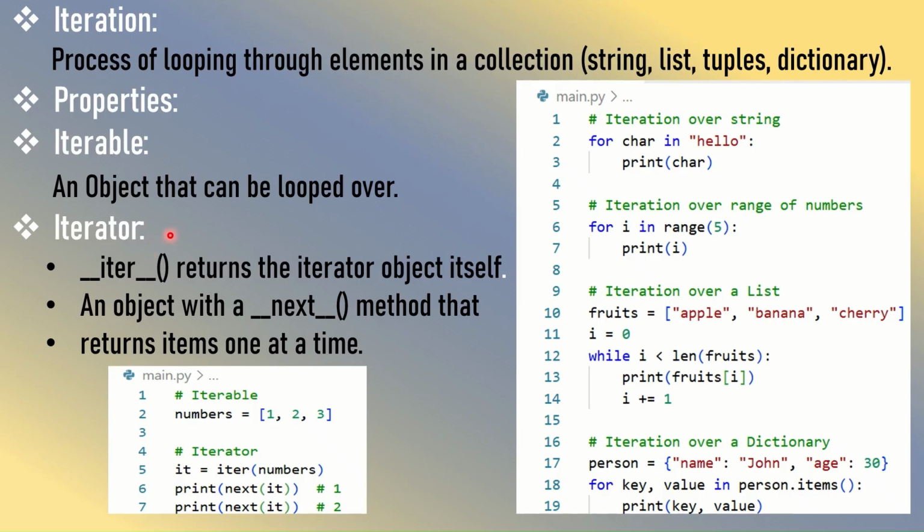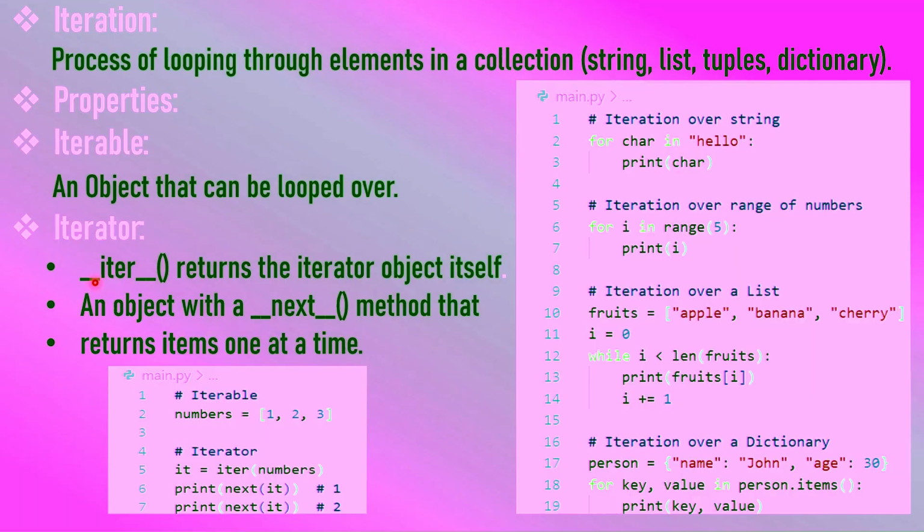And the next one is iterator. So Python makes use of this iterator in order to loop over the collection of elements. To loop over the collection of elements, this iterator will use two methods. One is the iter method, and the next one is the next method. Whenever Python wants to iterate through a collection of elements, it makes use of an iterator object.